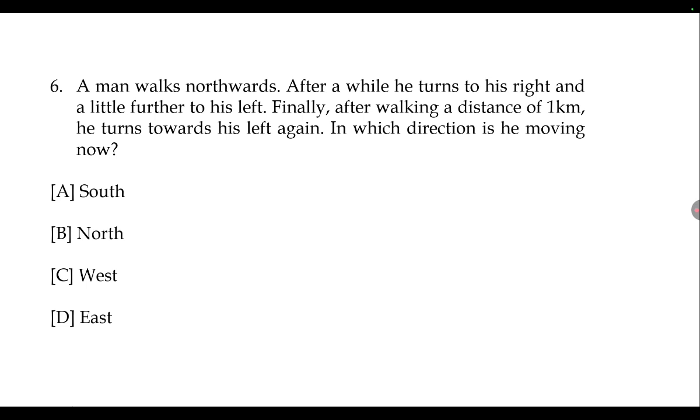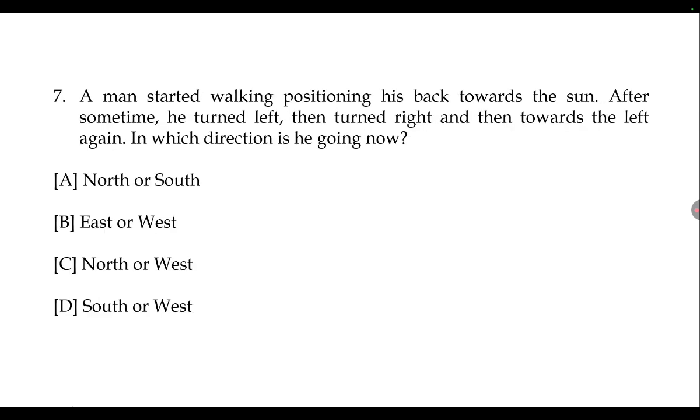Now a similar question you can try. This type of question is really very important. A man started walking positioning his back towards the sun, which means a person is walking and now his back is towards the sun. It's not mentioned in the question whether it's morning time or evening time, because in this type of question we will assume only two things.